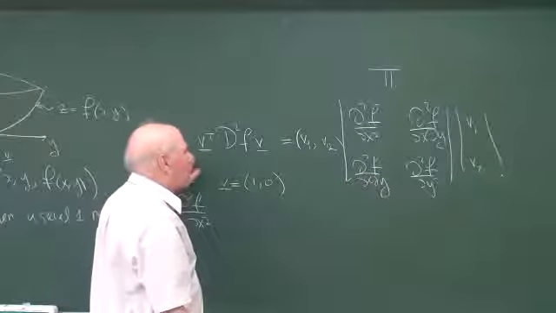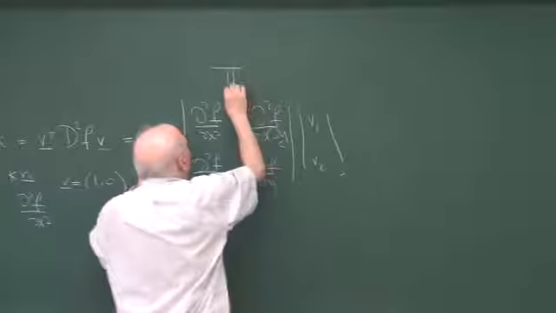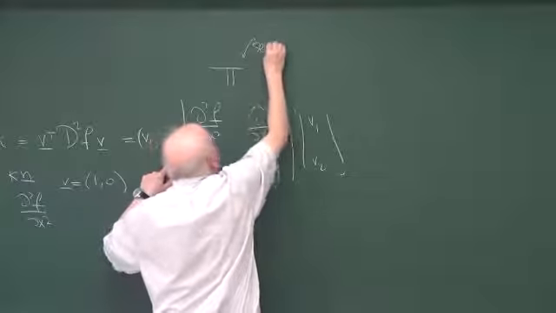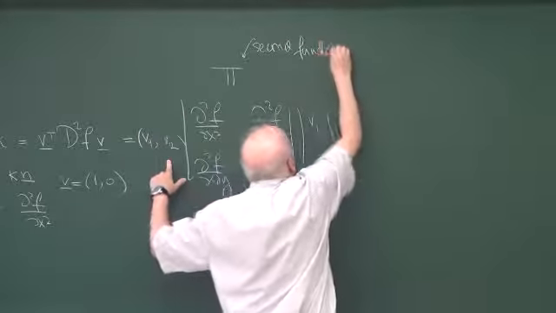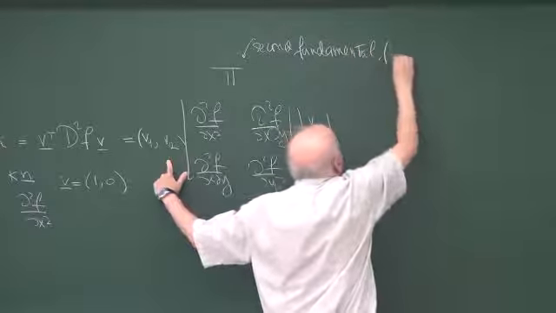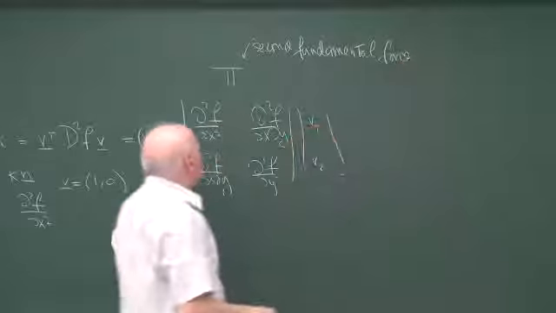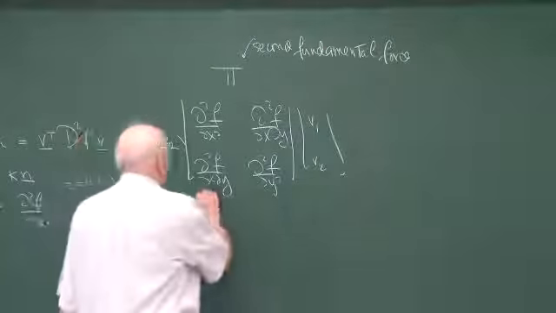But in the case that the first derivative is 0, this is the so-called second fundamental form, which in the planar case, that is a two-dimensional surface in 3 dimensions, is a 2 by 2 symmetric matrix.